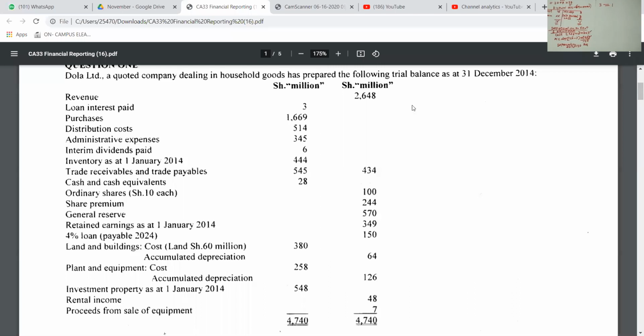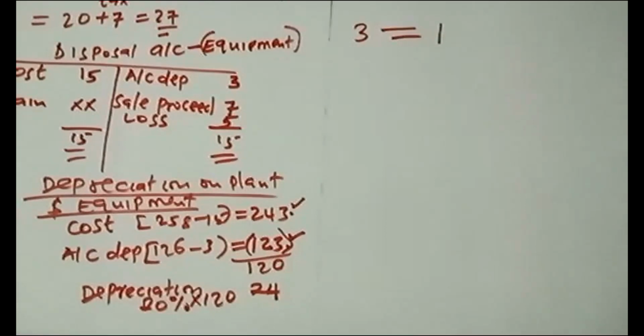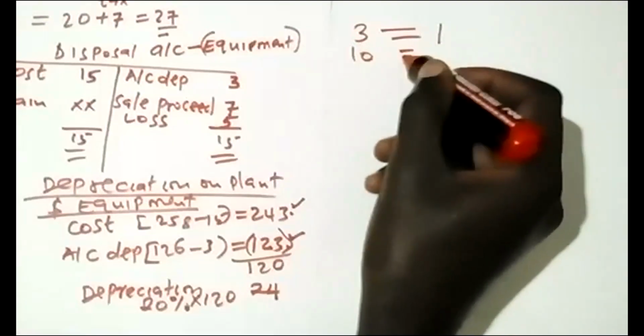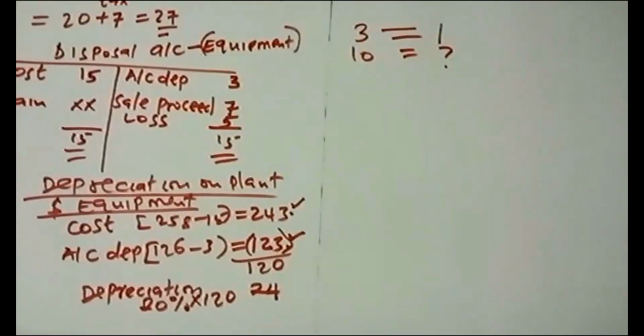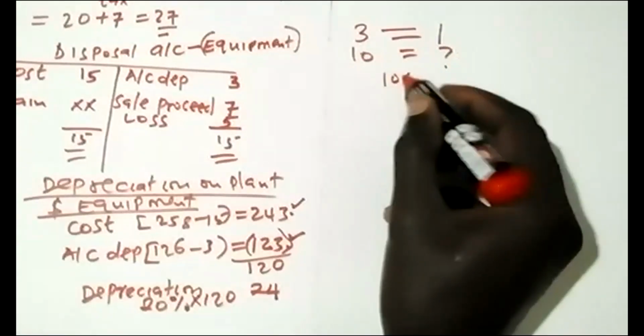So they came and made a bonus. For every 3 shares the shareholders were having, they were given 1. But remember that the shares in their possession are this 10. So 10 times 1/3.